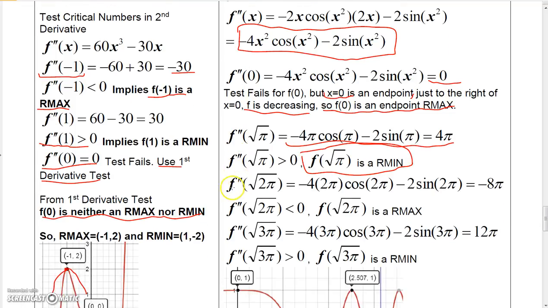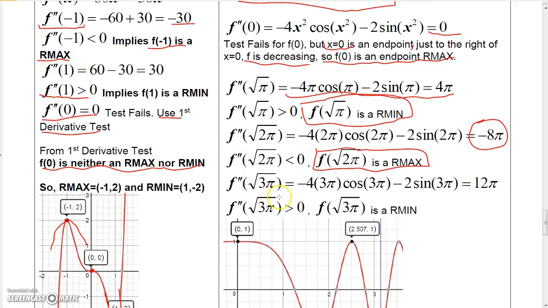Now let's do square root of 2 pi. When I plugged that in, I actually got negative 8 pi. So I got a negative number when I plugged that into the second derivative, so f of square root of 2 pi is a relative max.